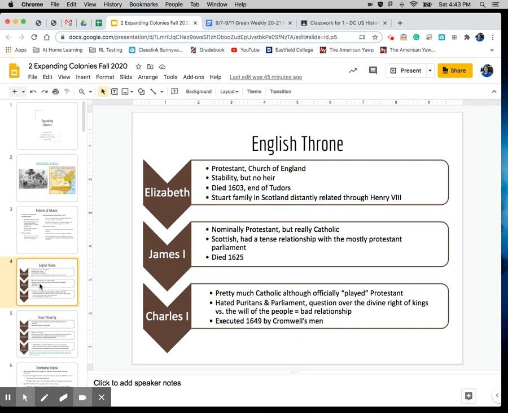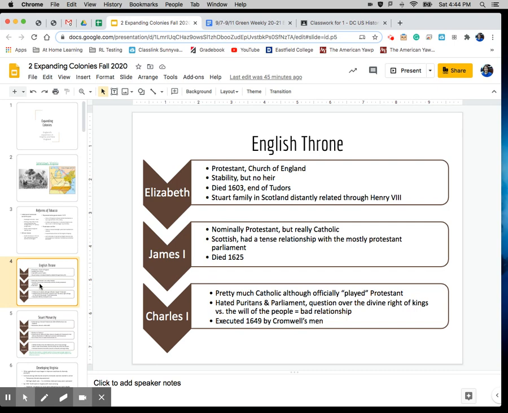So you've got these lingering religious issues that go back to the Protestant versus Catholic idea. And so he has a tense relationship with Parliament. They muddle along okay, but it's a little bit uncomfortable, right? The Stuarts struggle to yield power to Parliament.